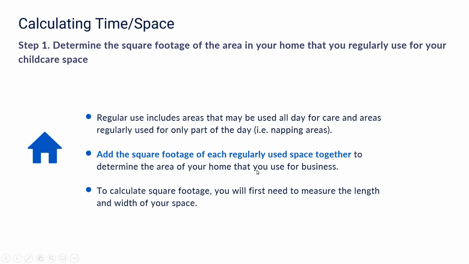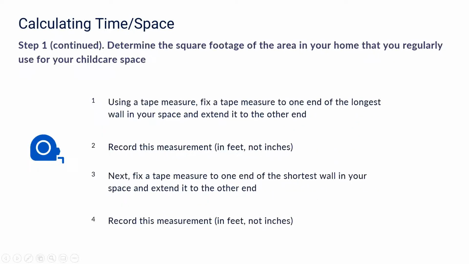To calculate the square footage, you will first need to measure the length and width of your space. So if you don't have that information handy already in terms of what the square footage is for each room in your home, you can find out by using a tape measure.